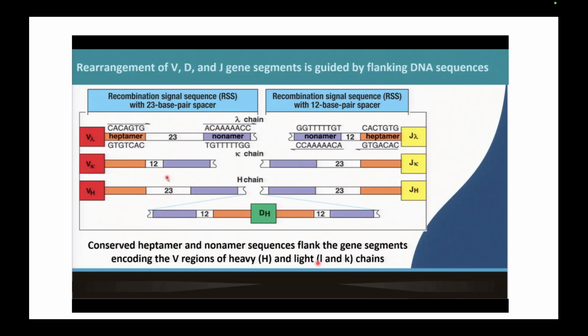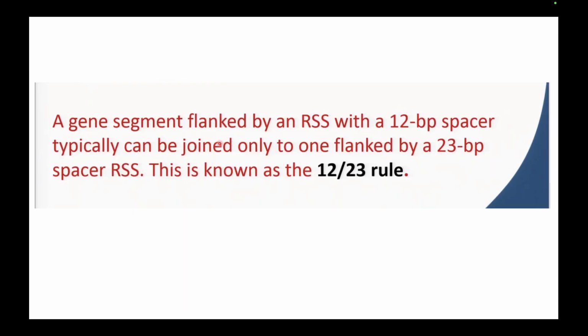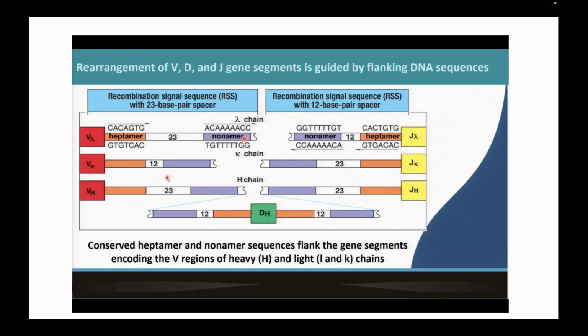There is also this rule: a gene segment flanked by an RSS with a 12 base pair spacer can typically be joined only to one flanked by a 23 base pair spacer. This is known as the 12/23 rule, which I have already discussed.